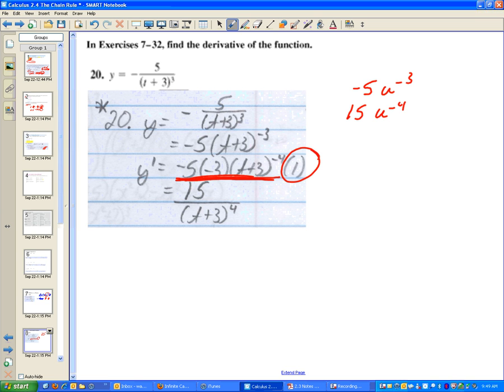So that's the dy/du. Then if I said, oh yeah, times the derivative of u, which is 1, we used the chain rule. We're calling it the general power rule, but the general power rule is just a version of the chain rule.